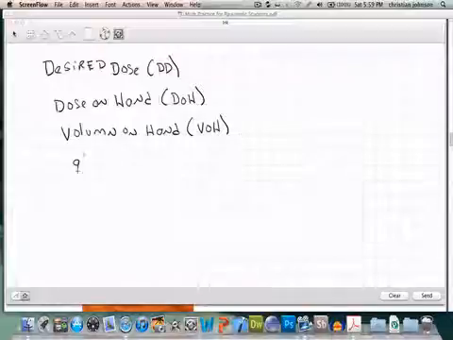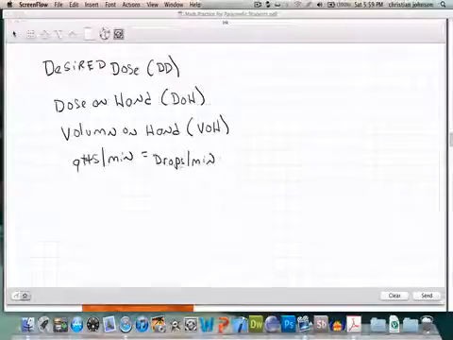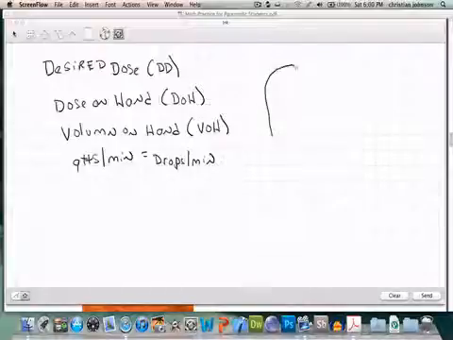Then we also talk about GTTS per minute. And all that stands for is drops per minute. GTTS comes from the Latin gutta, which means drops. So this is a Latin-derived word, drops per minute. And there's a couple of things that we worry about, right? You got to keep in mind. We have a saline bag here. Ooh, bag of saline, all right?